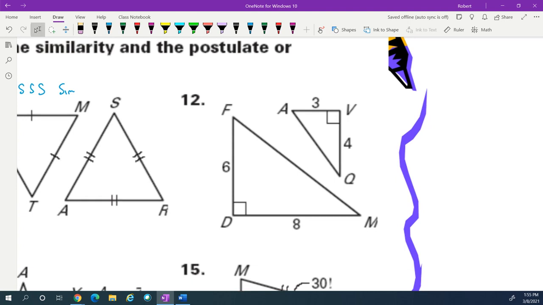In question 12, we're going to test it. So from the big triangle, I have 6 and 8. From the smaller triangle, 3 and 4. When I cross multiply, they are proportional.